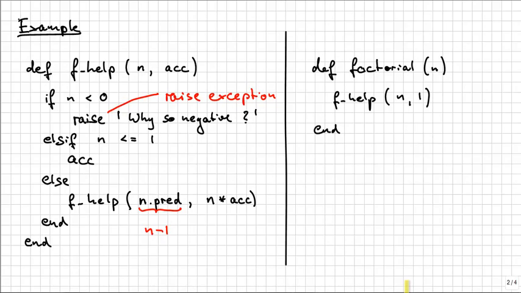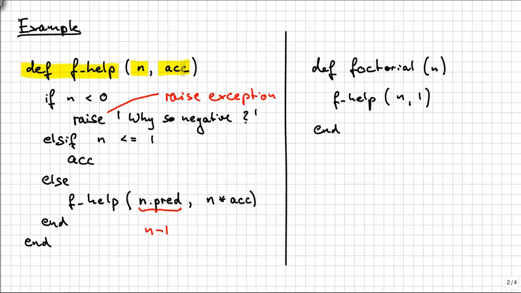Let's look at a simple example. We're specifying the factorial function here with a helper function. So fhelp is the helper function, and it accepts two parameters, the current value of n and an accumulator.